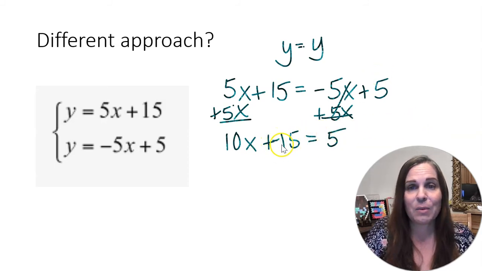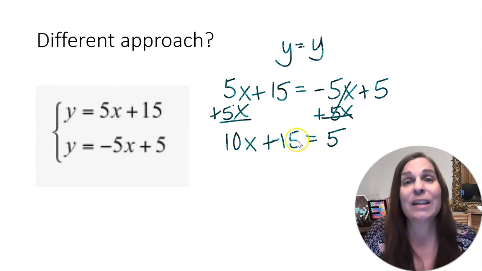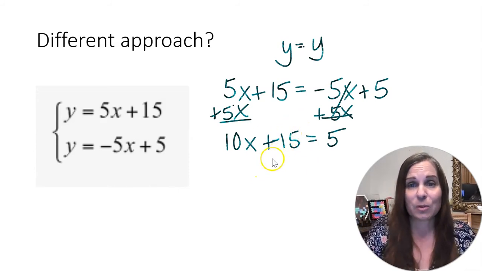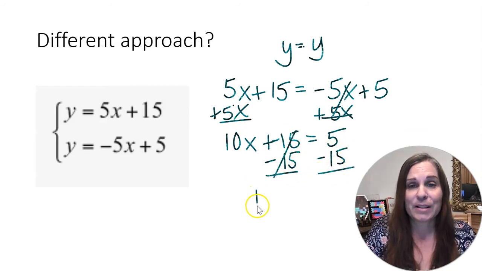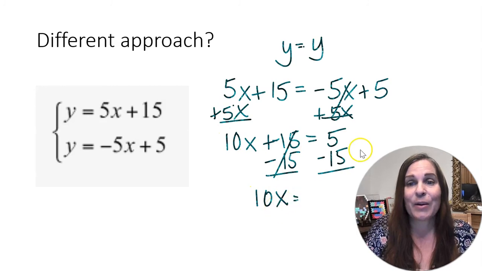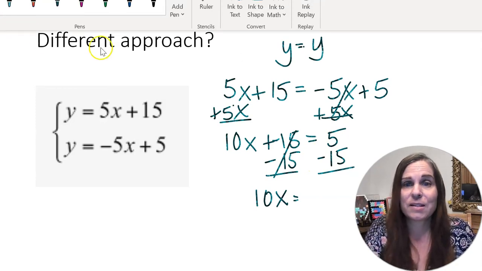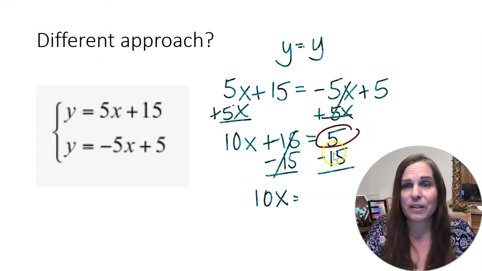All right, now I want to do the opposite of adding 15, or the inverse, right? I want to undo adding 15, so I subtract 15. I bring down my 10x. Over here, I've got 5 minus 15. Or another way you can look at this is a 5 and a negative 15 added together.